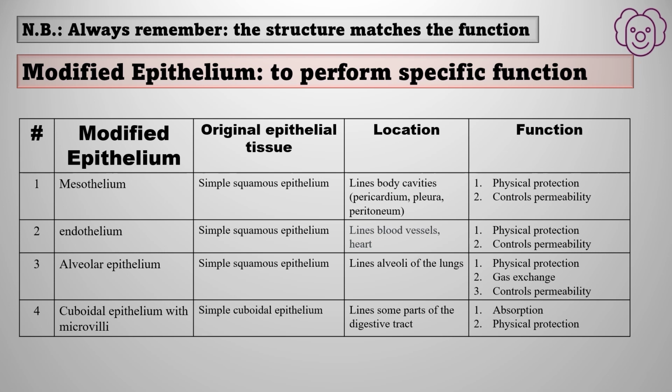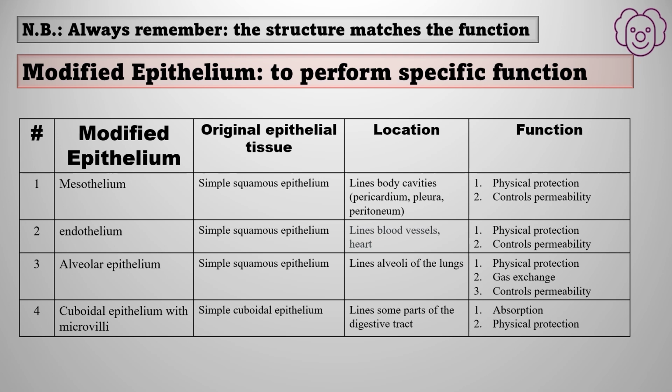Because of its location, and because in this location it has a specific function, it is separated to be named alveolar epithelium. It is a modified epithelium. Its functions are, first, physical protection, second, gas exchange, and third, controlling permeability.